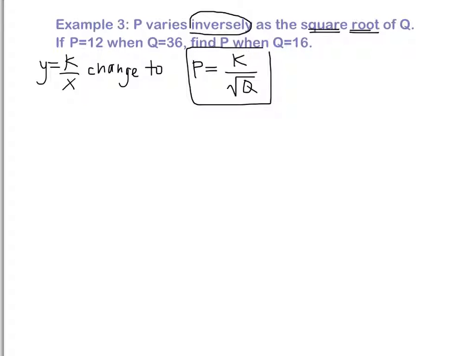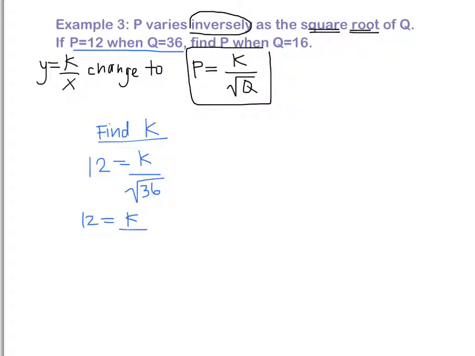Now all the steps are the same. Use the second piece of information here, p is 12 when q is 36, to find k. So p is 12 when q is 36. So that's 12 equals k over the square root of 36, which is 6. And then we'll multiply 6 on both sides and get 72 is k.